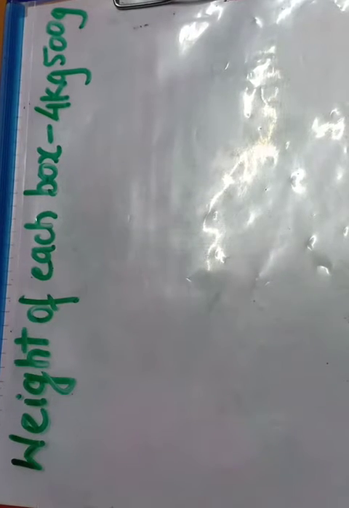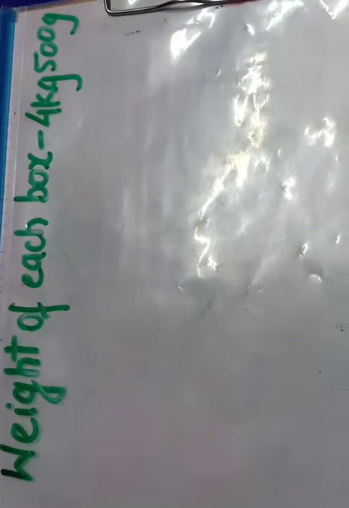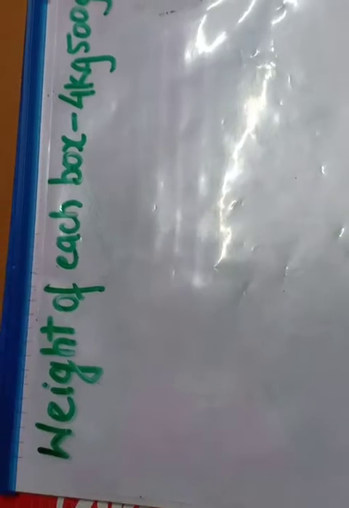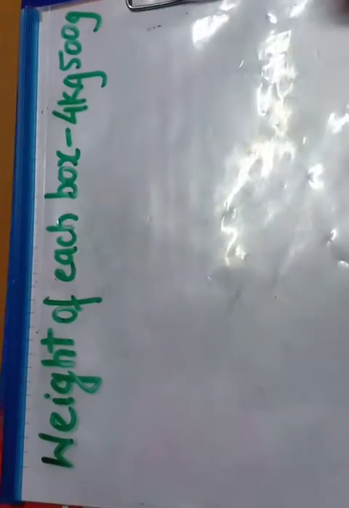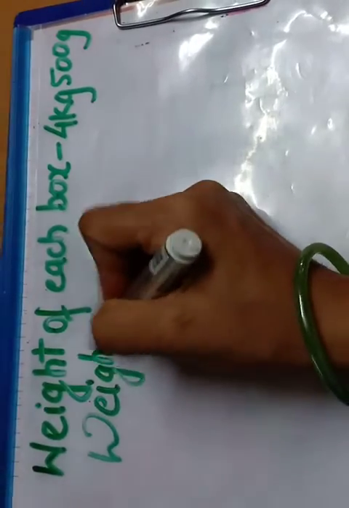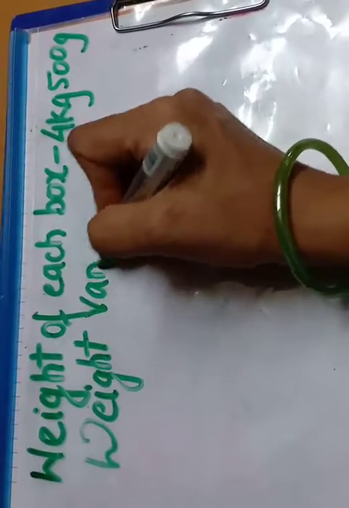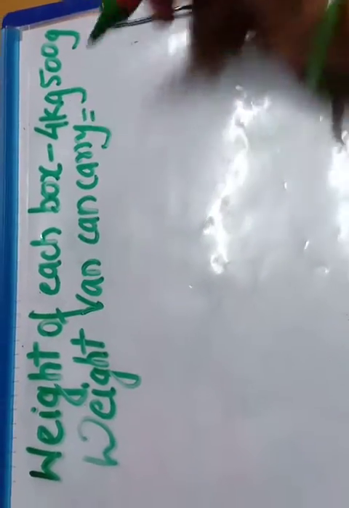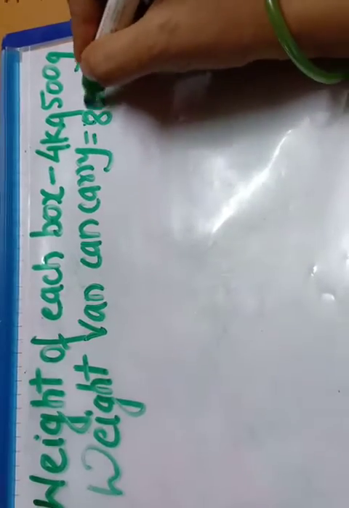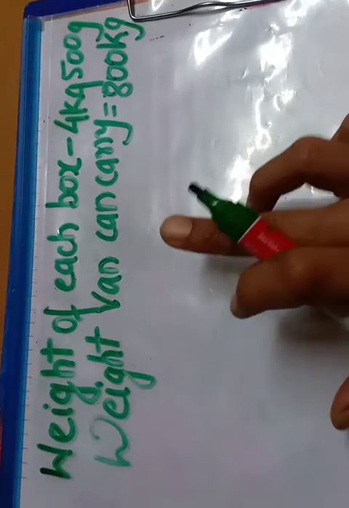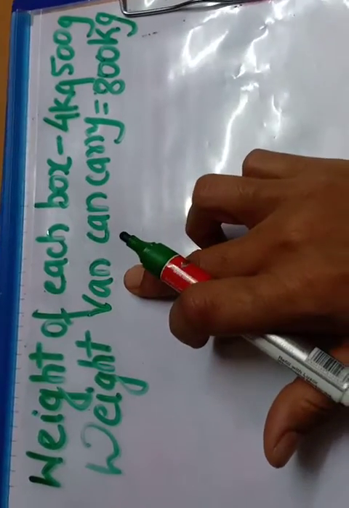They are asking us how many boxes can be loaded in a van. The van can carry weight only of 800 kg. So this is the weight of one box, and weight van can carry is equals to 800 kg. Now the question is, how many boxes we can load in the van?